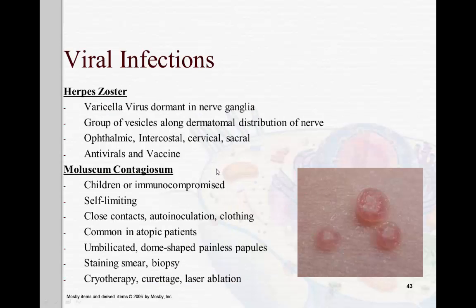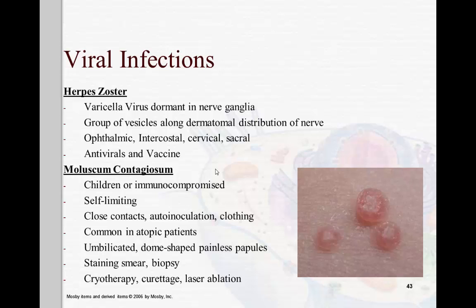And then herpes zoster is basically the reactivation of the varicella or chickenpox that was dormant in the nerve ganglia. Once the patient has an immunosuppressive condition, or is elderly, when the immune system is decreased, a group of vesicles along the dermatome distribution emerges.